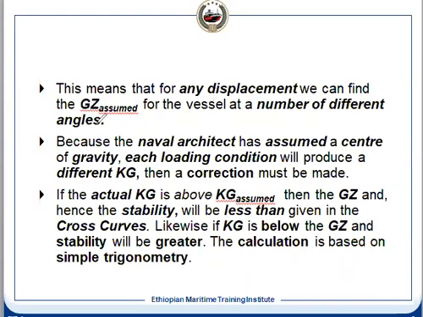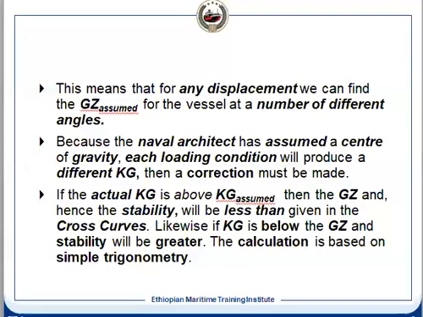Each angle of heel will give a ZZ, but that will be an assumed ZZ because we have assumed the G. Now we have to make the correction. If the actual G is above, GZ will be less, and if it is below, the GZ will be more.